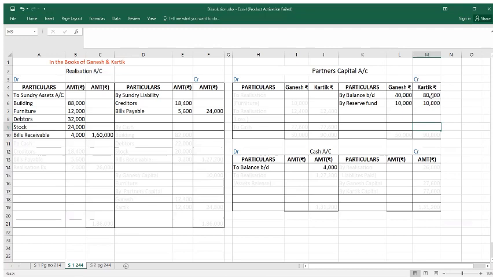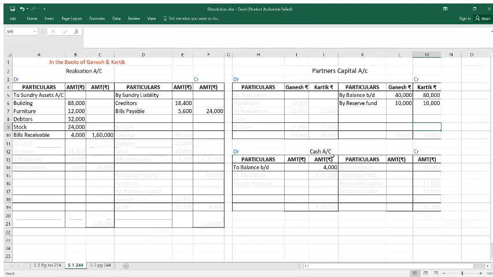So when the assets are released, that time the entry will be cash account debited to realization account. So here, which assets are released? The assets were released as under building 82,000, debtors 22,000, stock 20,000, bills receivable 3,200. So our entry will be cash account debited to realization.